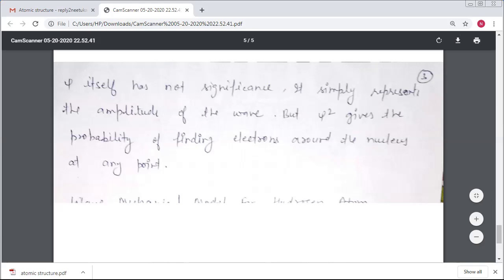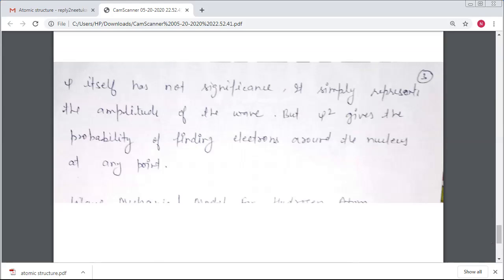So here that is the psi and the psi square. So now we know that psi has no significance by itself, and it simply represents the amplitude of the wave.